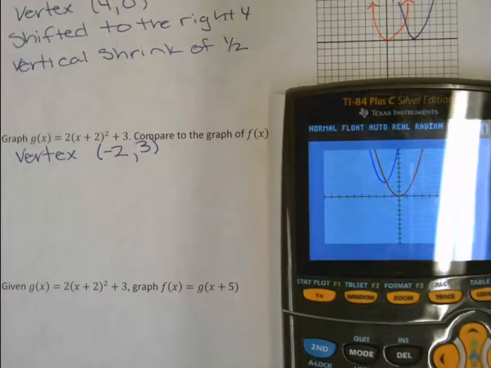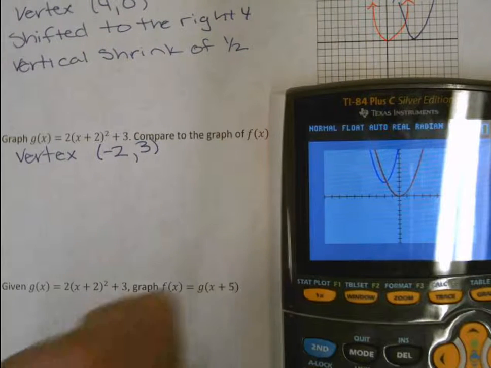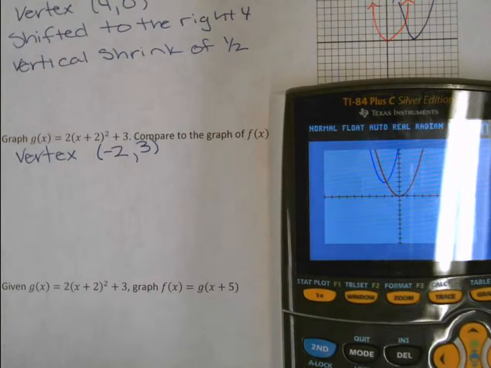How is the blue graph different than the red graph? Okay, it doesn't touch the y-axis, so how did it move so it didn't do that?